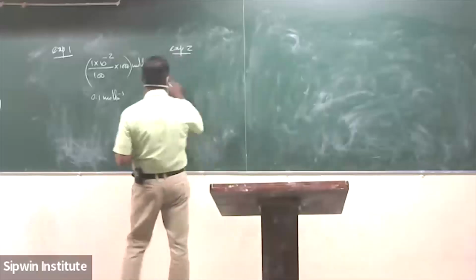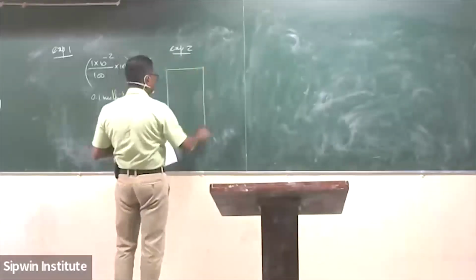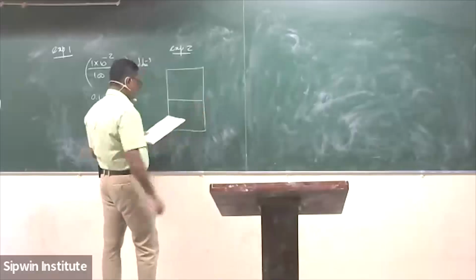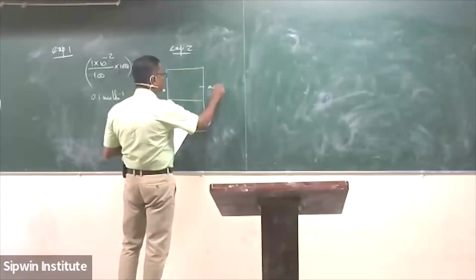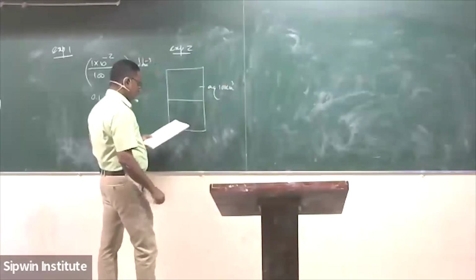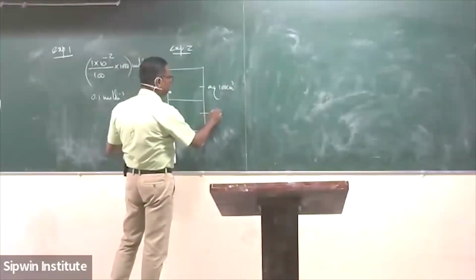If I draw a diagram for that: aqueous layer 100, organic layer again 100.